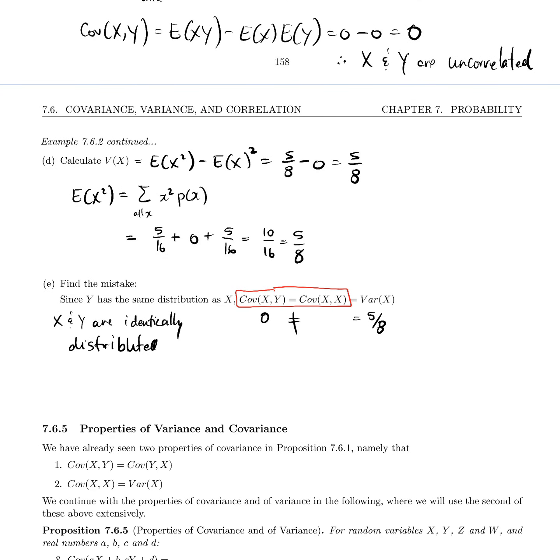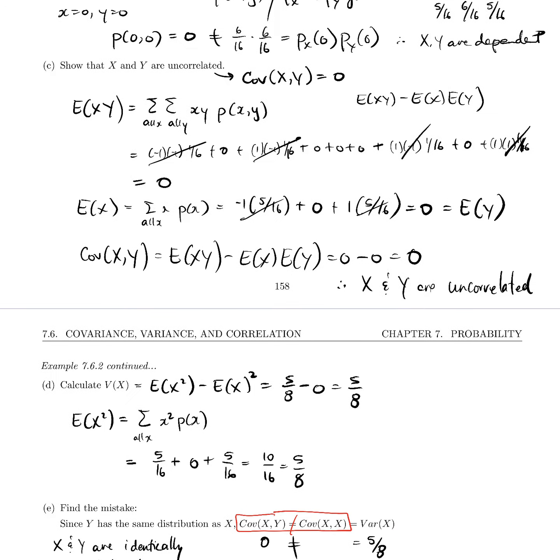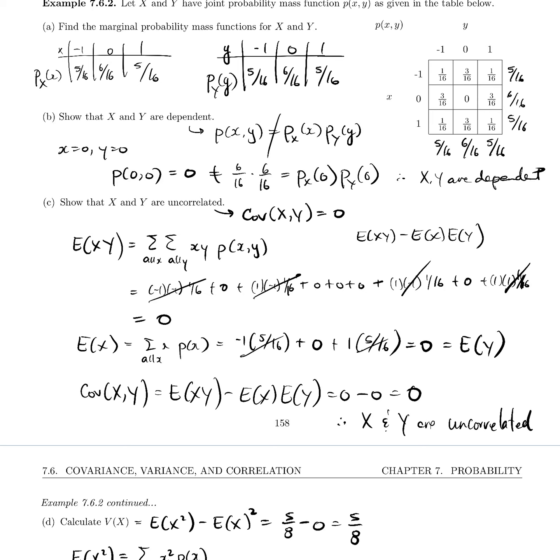This is not true. If y has the same distribution as x, that's not the same thing as saying y equals x. They can each take the same values with the same probabilities, but they're random variables. At any given time, x might be 1, but y doesn't necessarily have to be 1 at the same time.